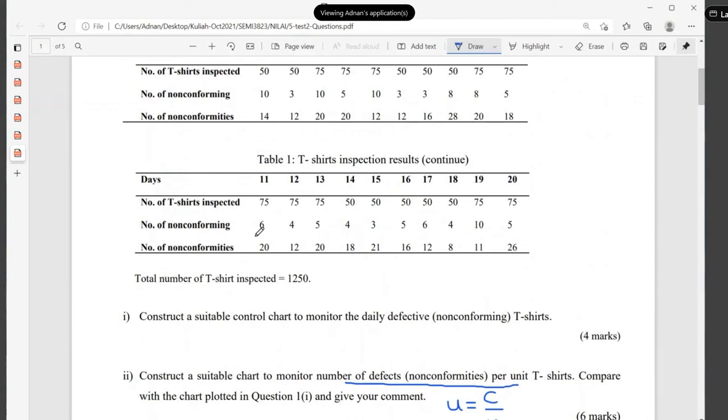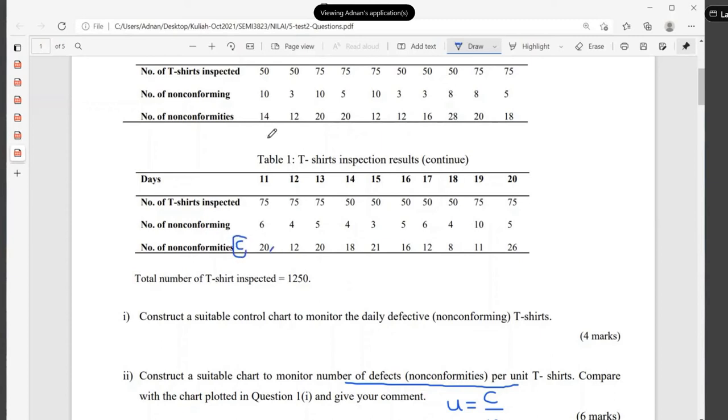So this is actually macam C lah. But we cannot use C chart because kalau C chart dia punya inspected unit must be equal to 1. So the chart we should use is U chart.